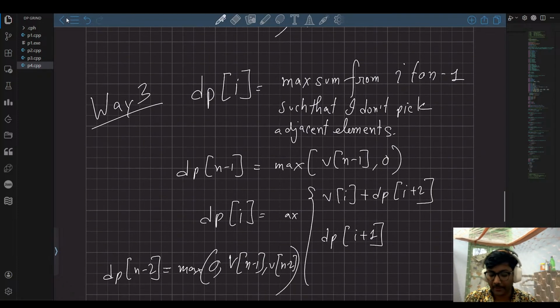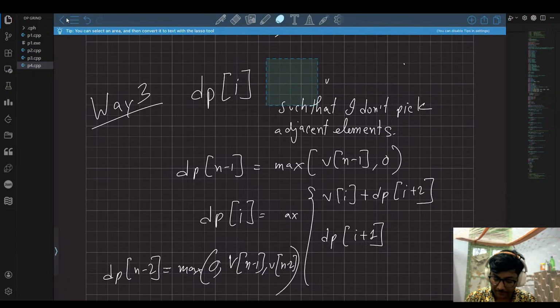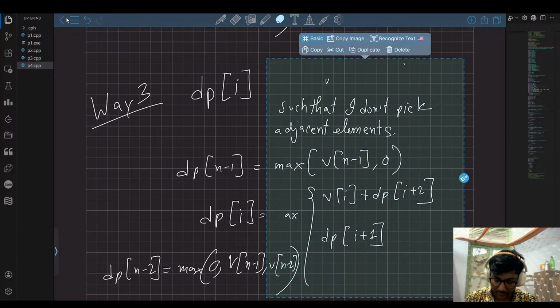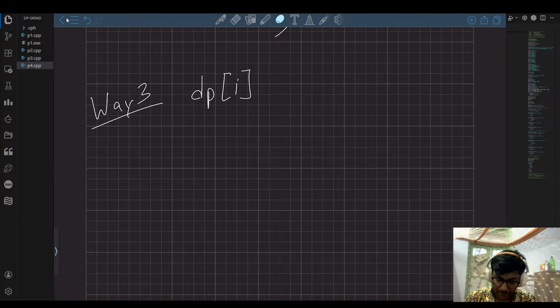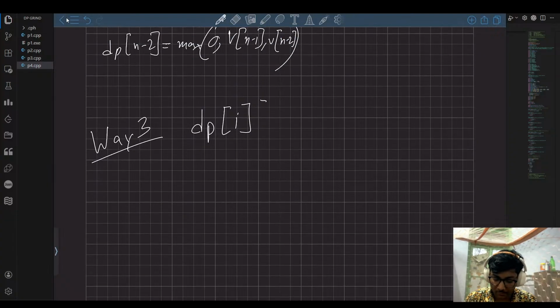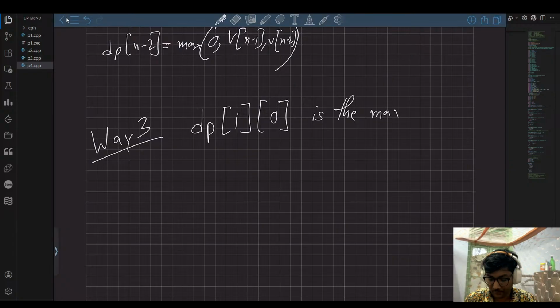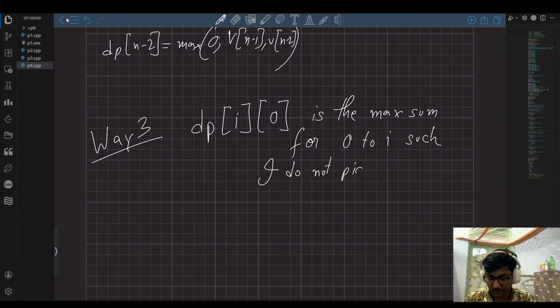so way 3 can be, of course, now I will not consider it directly. Let's say, as seen in some books, that dp of I 0 is the maximum sum from 0 to I such that I do not pick up the ith element.